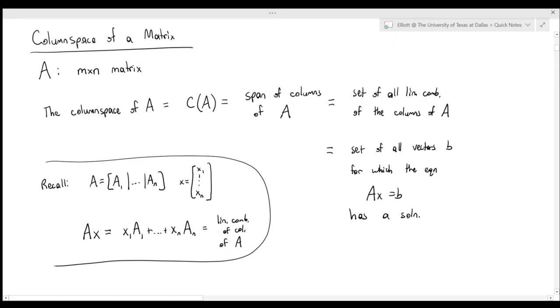Because if b is equal to Ax, then that would just mean that b was a linear combination of the columns of A. Okay?